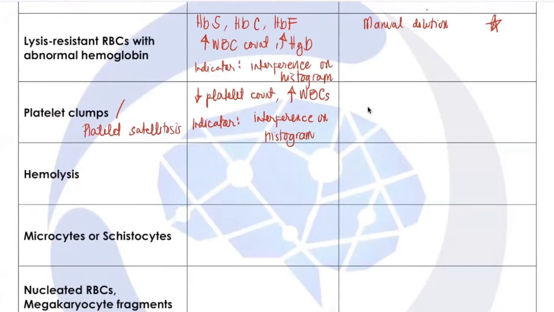Our specific remedy for that is to collect a new specimen, usually using citrate as our anticoagulant, because platelet satellitism is induced by EDTA. And multiply the result by 1.1.